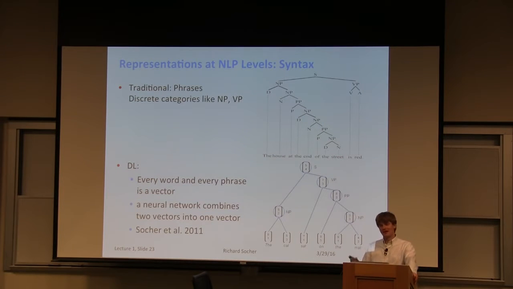Now in deep learning, and you'll start to see the pattern here, since we're already describing all the words as vectors, we'll also describe all the phrases as vectors. And then we can actually compare the phrase the cat, for instance, with the phrase our dog.